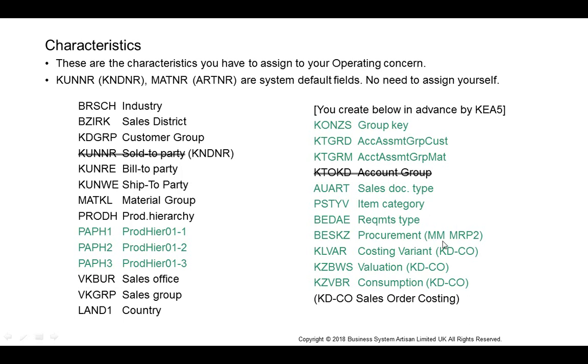This is from Material Master MRP2 view. You see E or F, F for external procurement. We want to pull this value from Material Master. And these three fields are for sales order costing, costing variant, and valuation and consumption. These three fields are very specific to sales order costing.